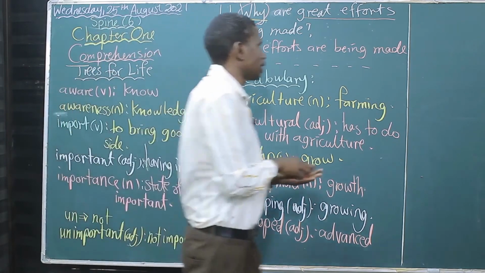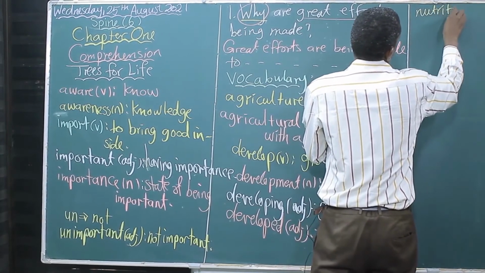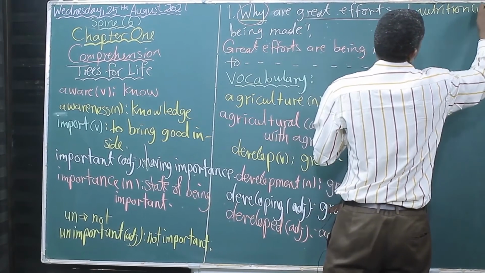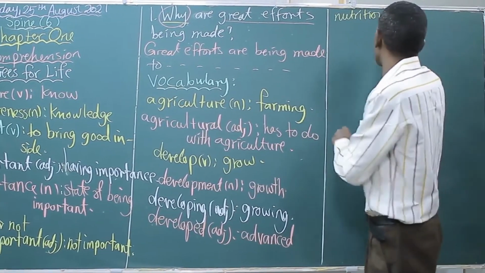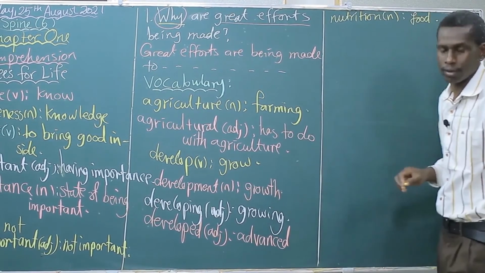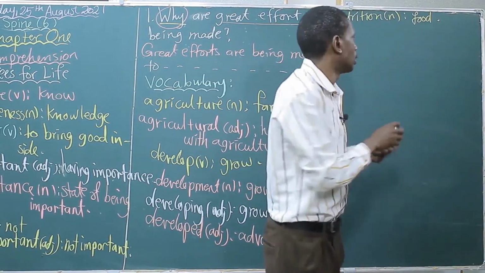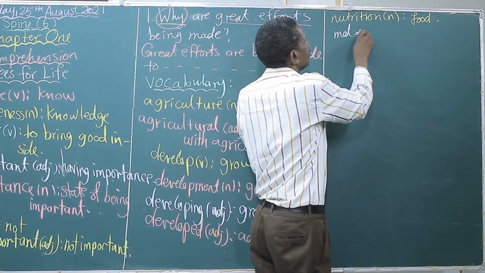And then we got this word, nutrition. Look at this word. It's very important. Nutrition is a noun which means food. At the same time, look at this word. Mal is a prefix.